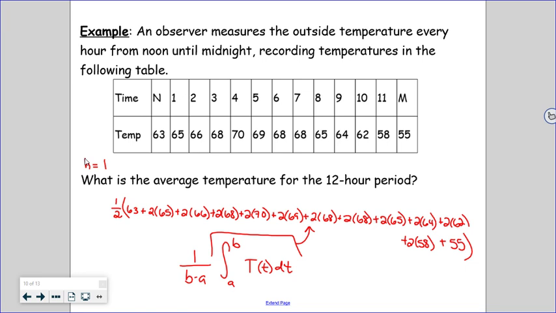This part of it we haven't done yet, so let's go ahead and put that up here. 1 over b minus a. Now remember, b minus a just represents the length of the interval, and our interval is 12, right? So we need then 1/12 of our answer, or to divide our answer by 12. 12-hour period.